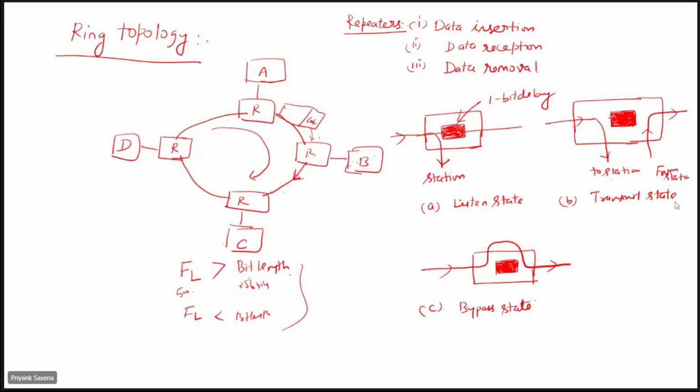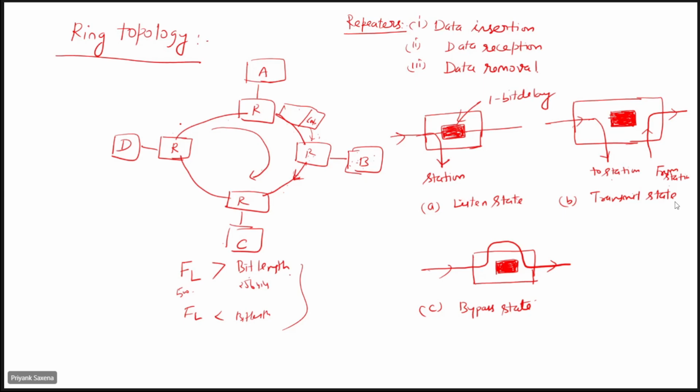But there are many issues with the ring topology. One of the basic issues is cable vulnerability. If the cable is cut at some point, the entire network will get disabled until the problem is isolated and a new cable is installed.